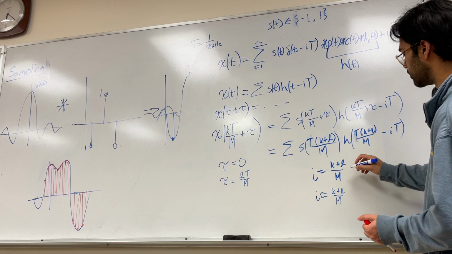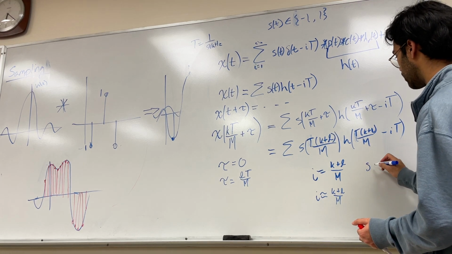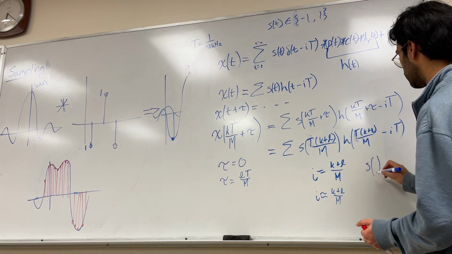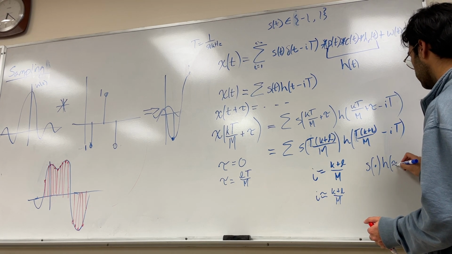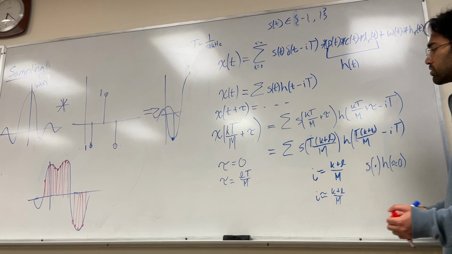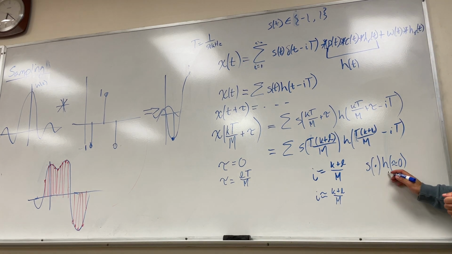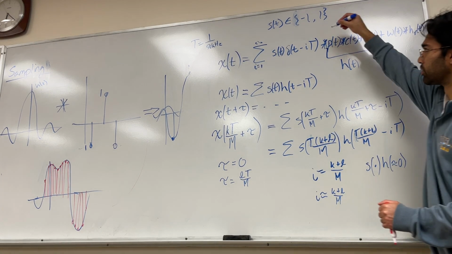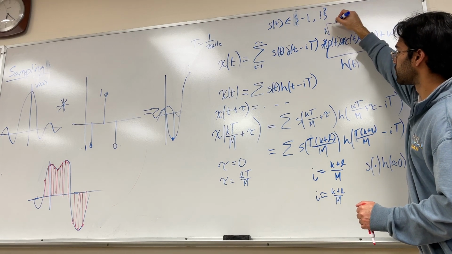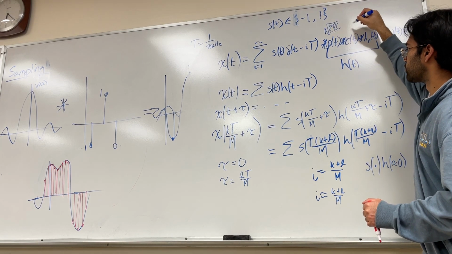Because this would be s of that value times h of about 0, which should be your raised cosine, the total channel. Let me reiterate that. Your pulse is a root raised cosine, as we've discussed before.